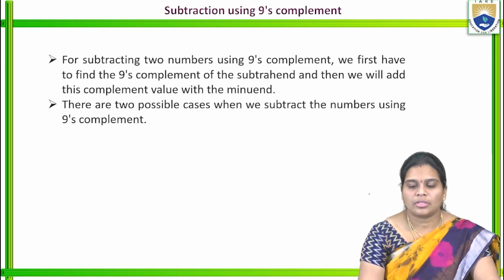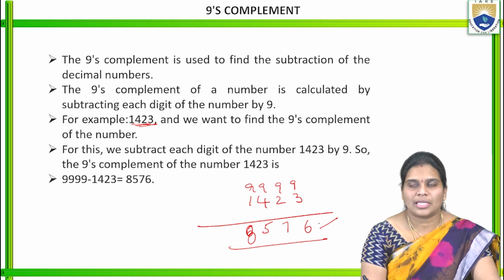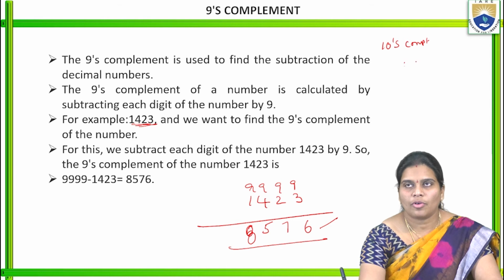So coming to the 10's complement. First apply the 9's complement. Next, in the LSB bit we add the 1, then we get the 10's complement. For example, now I want to apply the 10's complement of the same number 1423. What is the first step?